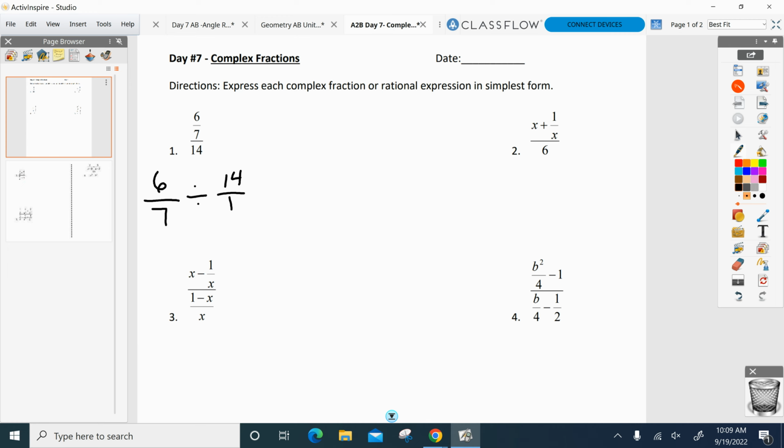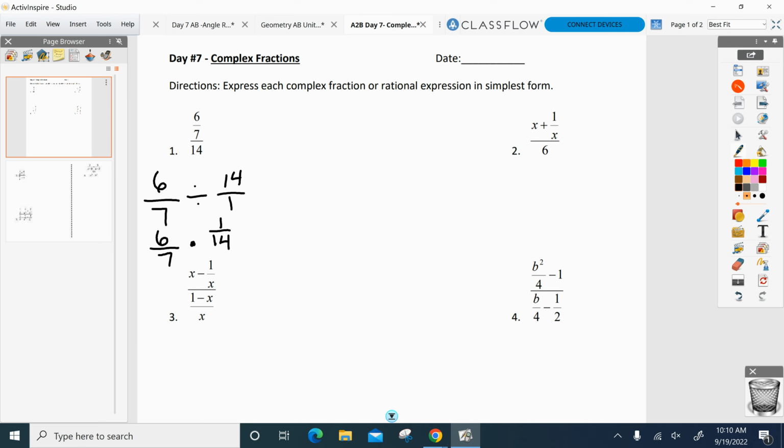Have we done something like this already? I hope so. Dividing fractions. 6/7, what's the division change into? Multiplication. And what do I do with the second one? Flip. And is there any variable? No, so I'm going to tell you, use your calculator.